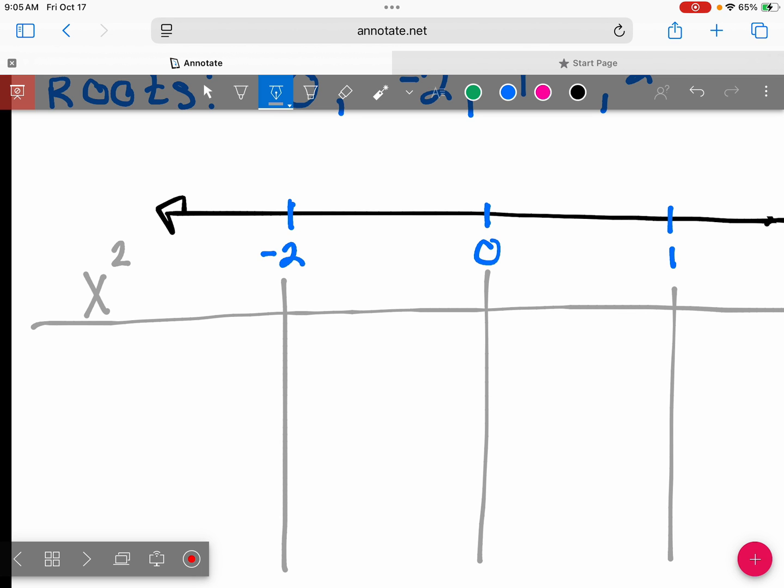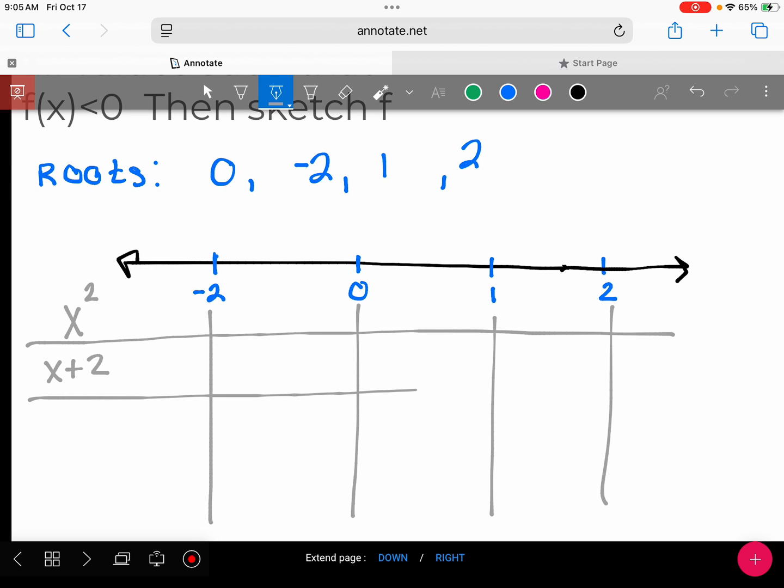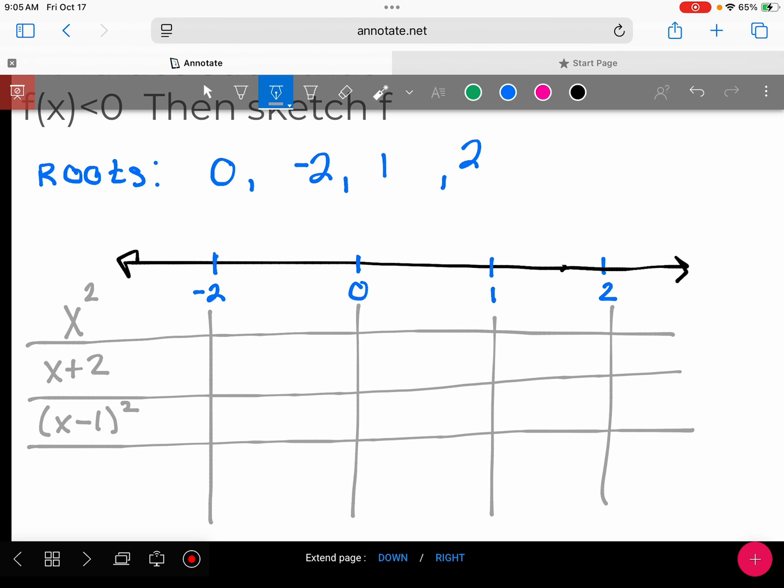I'm going to put my factor of x plus 2, I'm going to have my x minus 1 squared, and my x minus 2. And then the very bottom one's going to be our function when we multiply all our pieces together. So we know where our zeros are because it's already in that factored form.